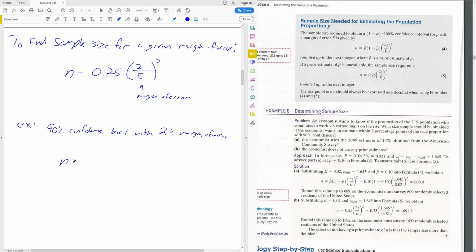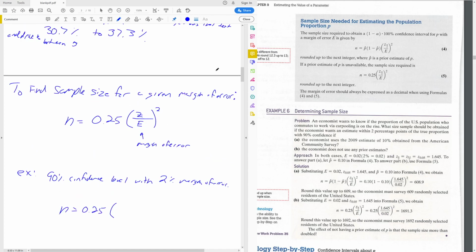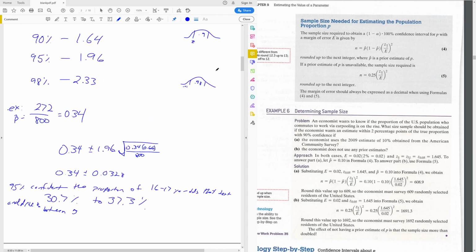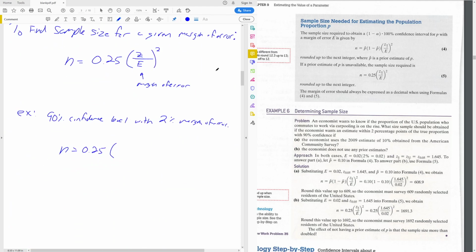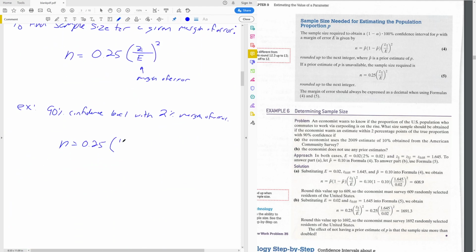So we would do n equals 0.25 times, so what's the z-score for a 90% confidence level? If I go back up, 90% confidence is 1.64. So I do 1.64 divided by the 2%, which I'm going to put in as 0.02, and I'm going to square that.